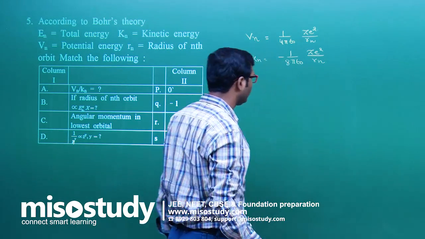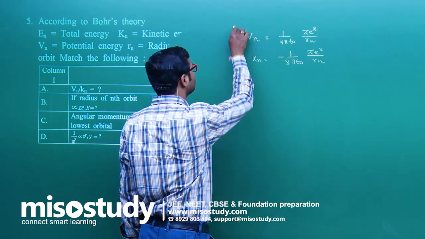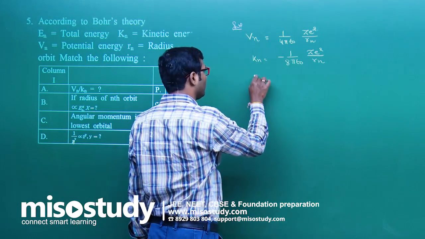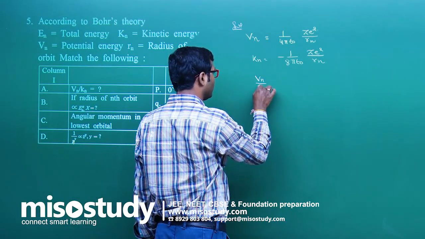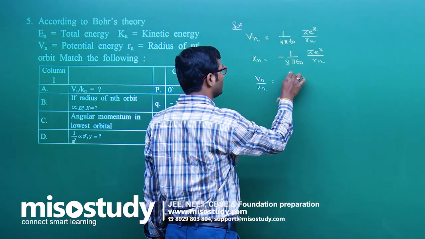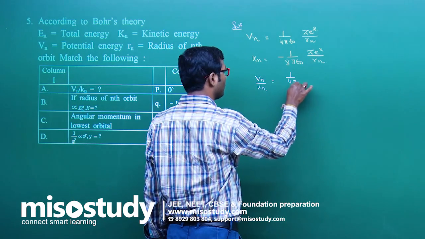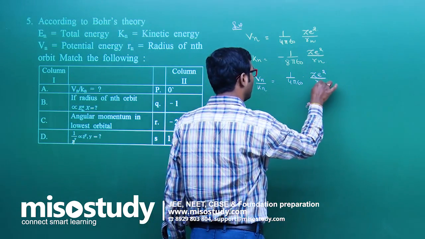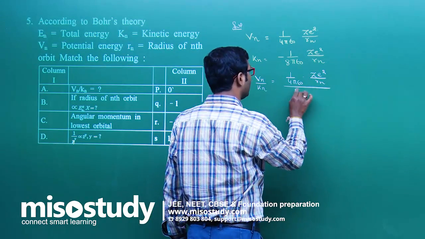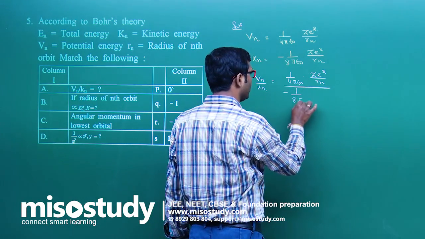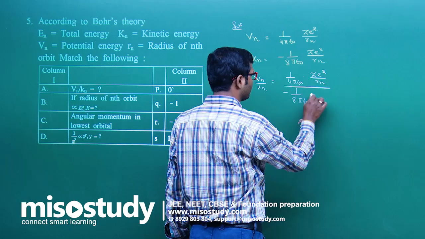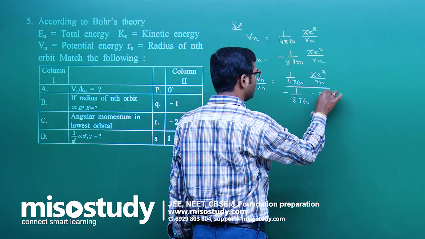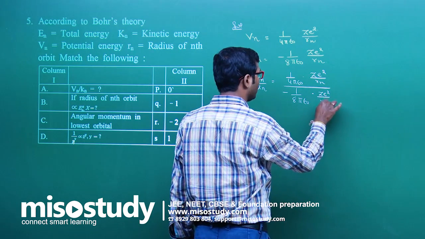Then Vn upon Kn is equal to minus 1 by 4 pi epsilon naught Ze square upon Rn, upon 1 by 8 pi epsilon naught into Ze square upon Rn.